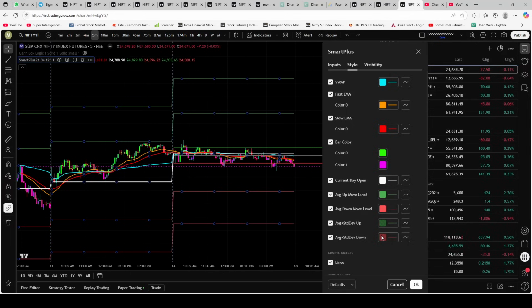Here it's telling you the two bullish and bearish support and resistance zones.